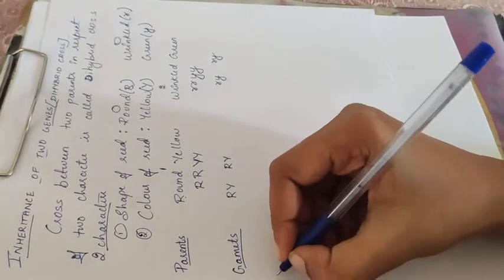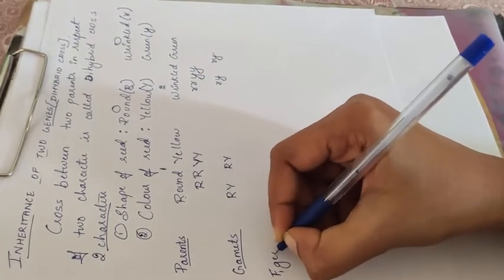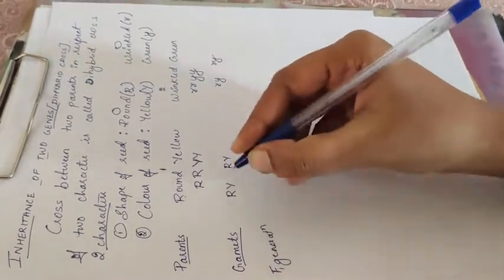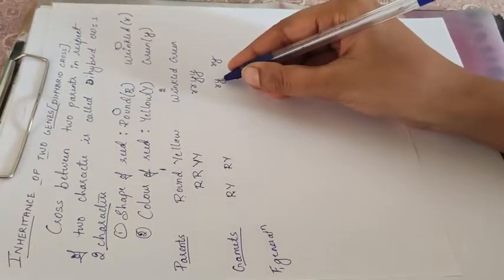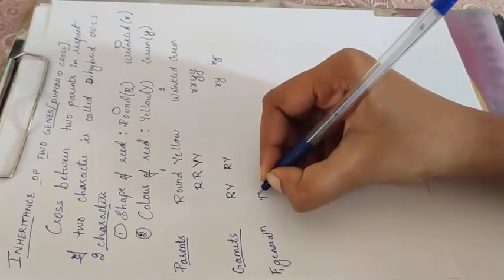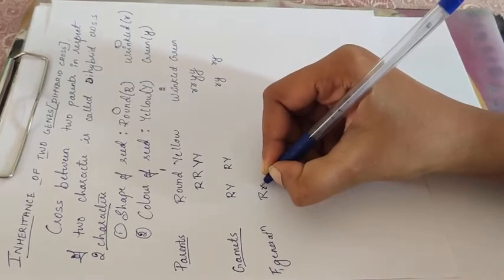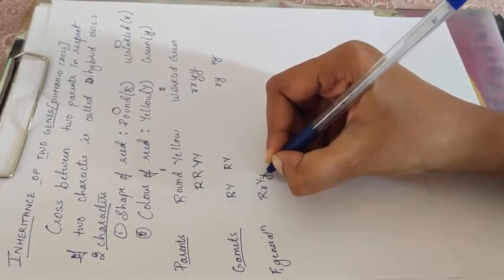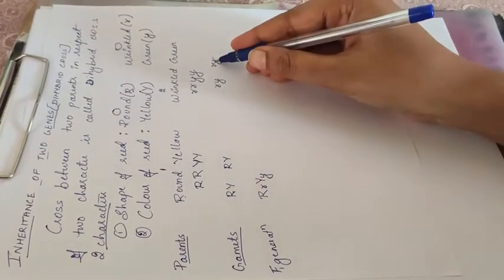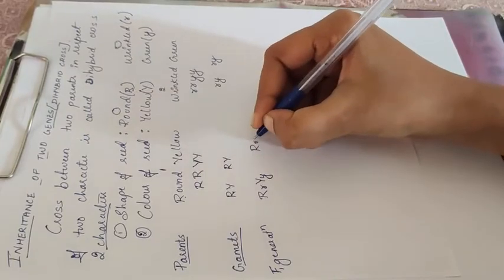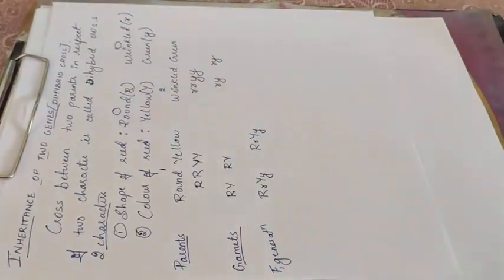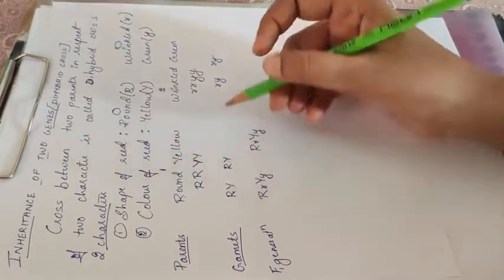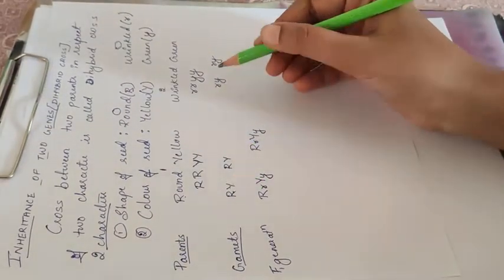Now in the F1 generation, what is the possibility? This gamete can fuse with this, resulting in capital R, small r, capital Y, small y. Or this gamete can fuse with this, resulting in the same. See here what happens if you fuse these two, that is capital R and capital Y with small r and small y.